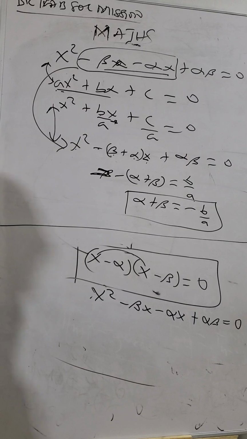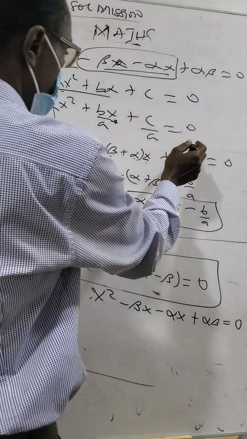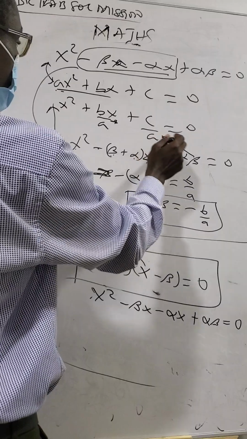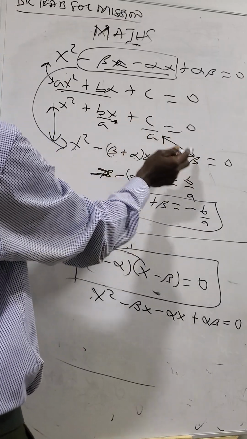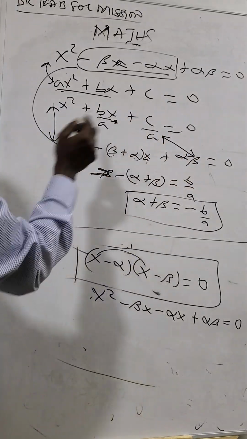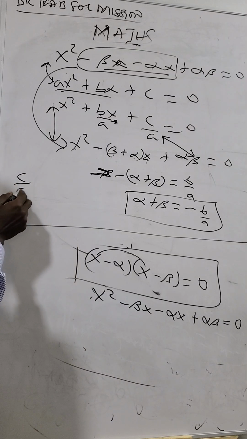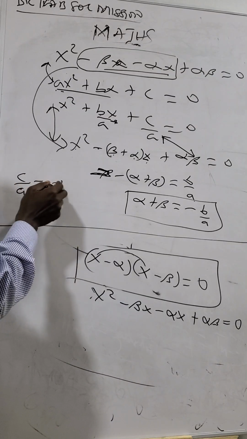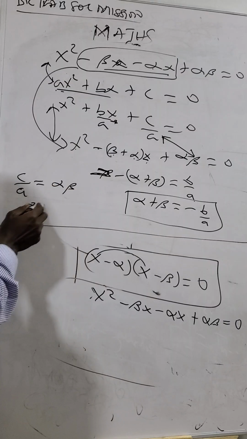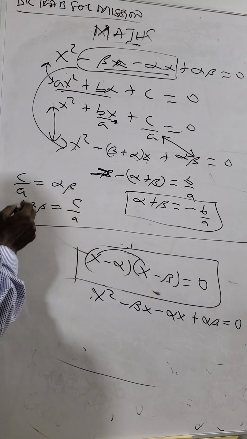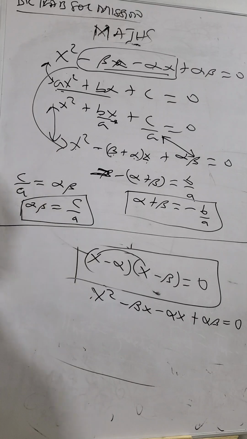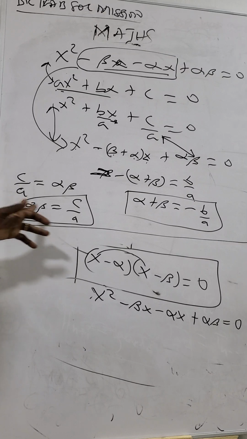Right, so it becomes very easy. For this one, straight away it is equal to that, but that's the constant here, that's the constant here. So this will also imply that c over a is equal to alpha beta, or alpha beta is equal to c over a. This is the next expression. So it becomes very easy for us to get an equation looking at these ones.